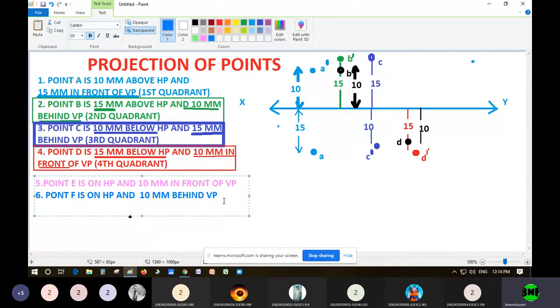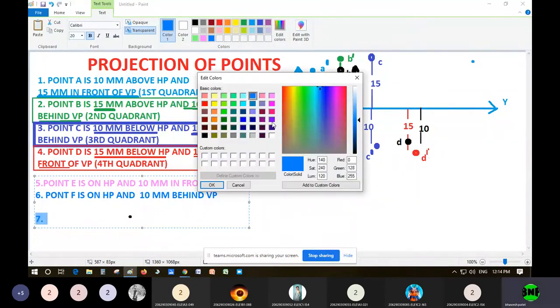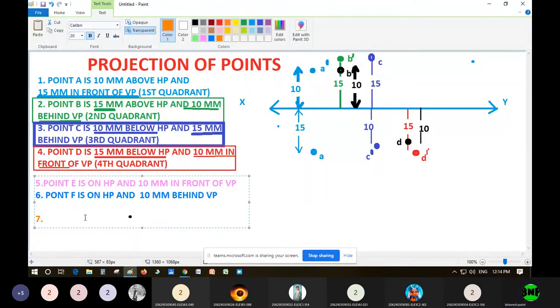Now let me consider sum number 7 and 8. So point G is on VP. In the first two sums we have considered HP, and then we have varied front and behind. In this we will change, instead of HP we will write VP.